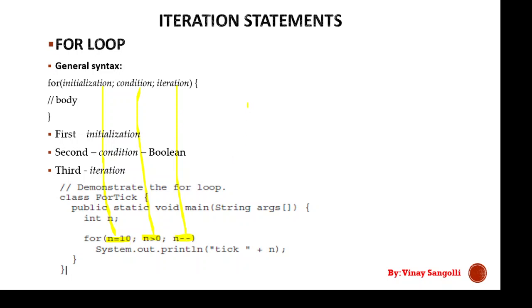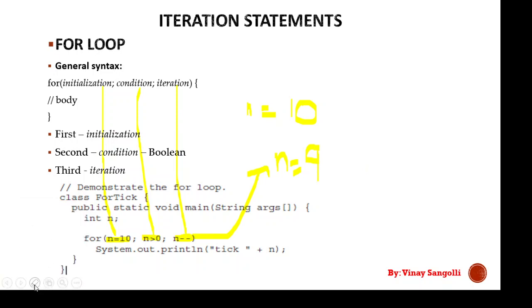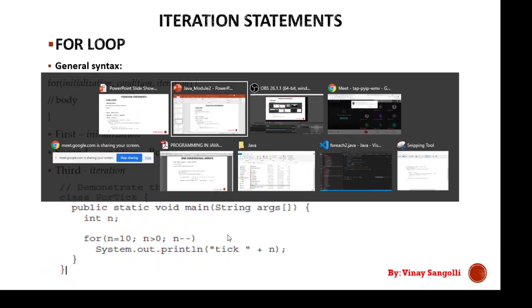For example, here the initial value of n is equal to 10. After this step executes, the new value of n will be equal to 9, that is, it will be decremented. We'll see the same thing in your VS Code.